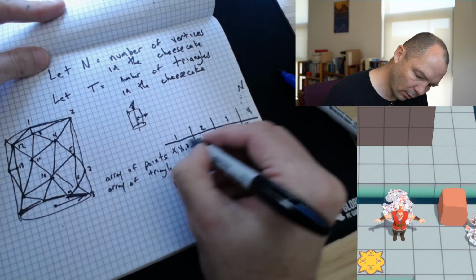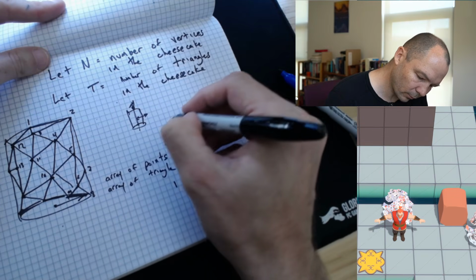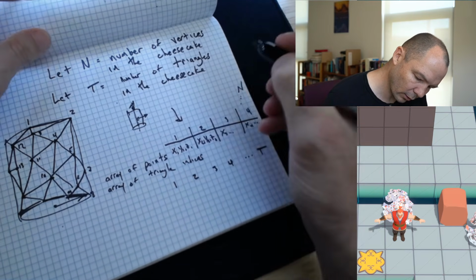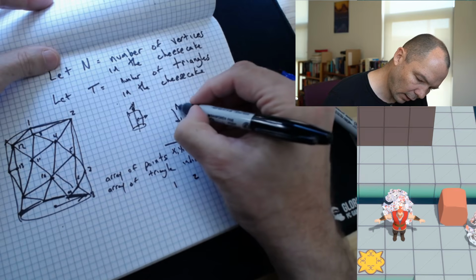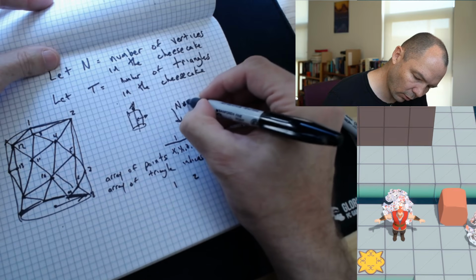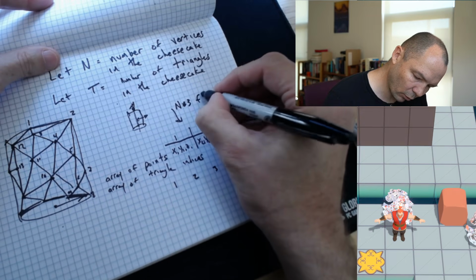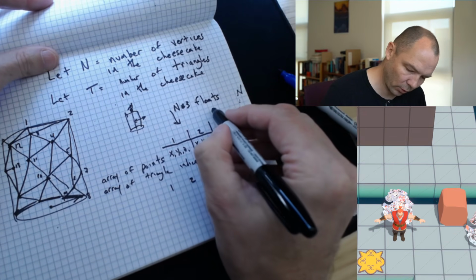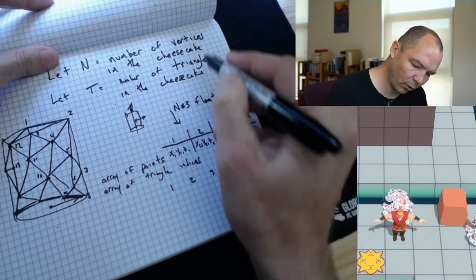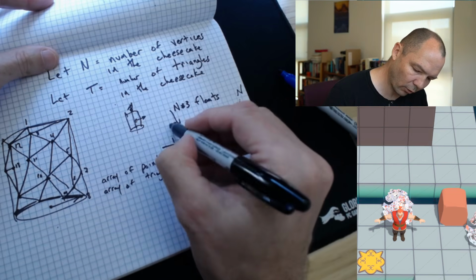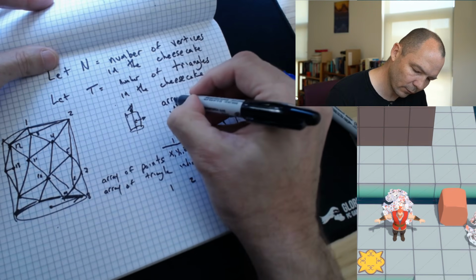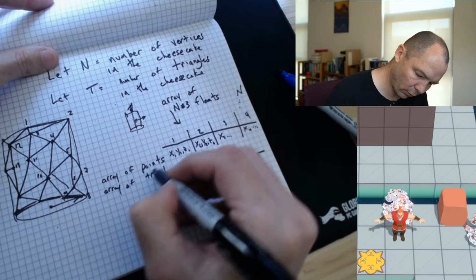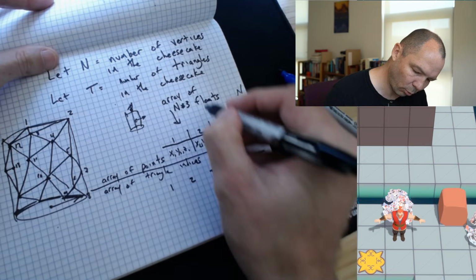Now each of these up here is n times 3 floats, right? So a float is a way of representing a real number. n is how many vertices there are, and there are 3 coordinates per vertex. So this is an array of n times 3 floats, all right? That's the points.